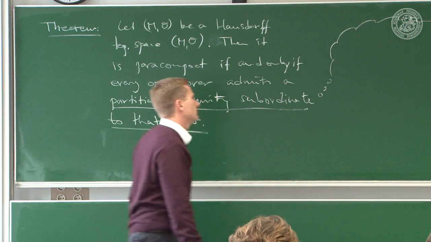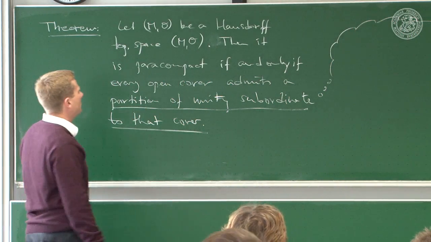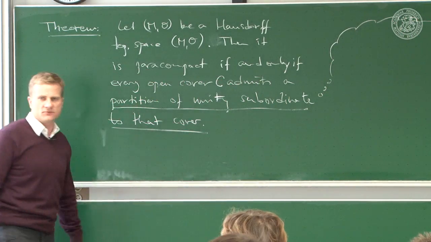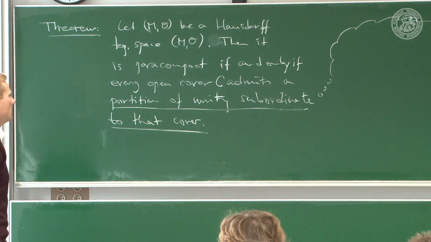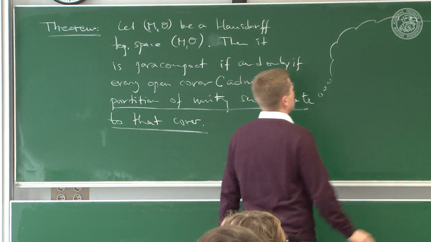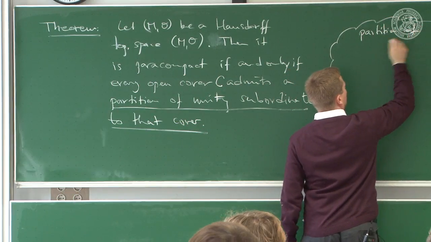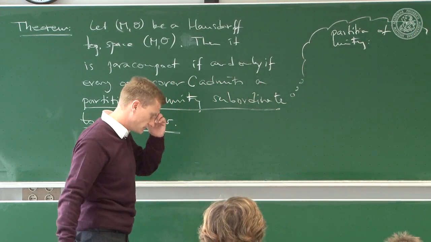Okay, what is a partition of unity? So, if and only if every open cover, which we give the name C, admits a partition of unity subordinate to that cover. A partition of unity subordinate to the cover is the following.